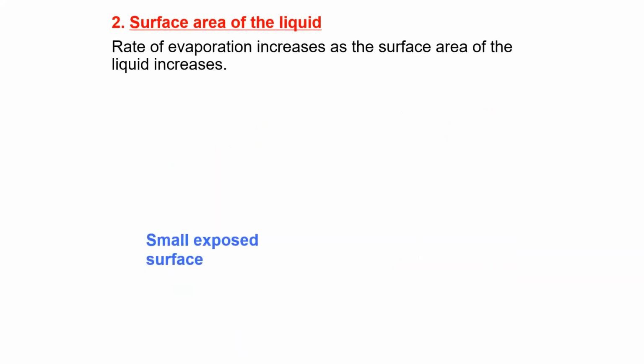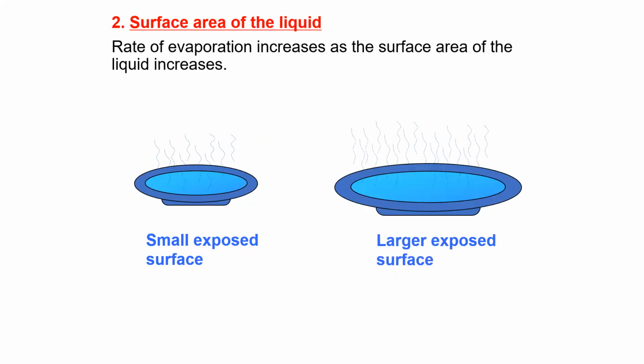It also depends on the surface area. With a large surface area, more particles are exposed, so it will have a greater rate of evaporation. Like here, for example, only 4 particles are exposed to the surrounding, but when we have a large area, more particles are exposed.